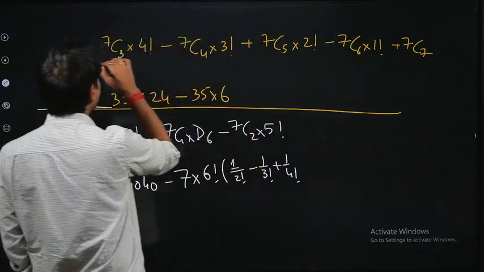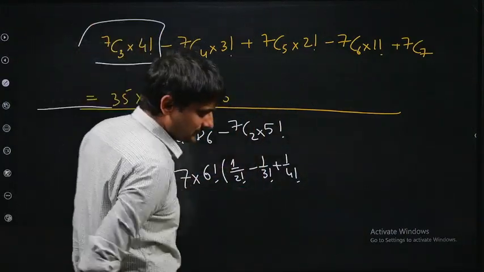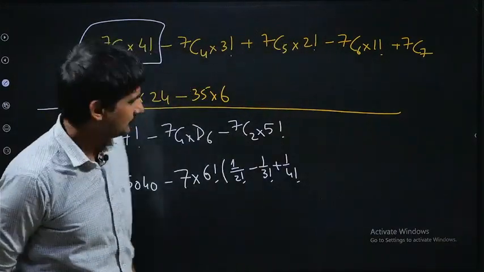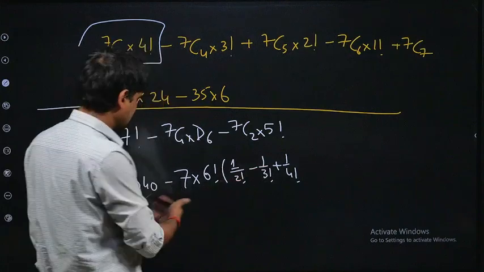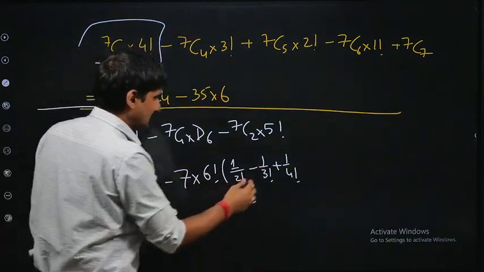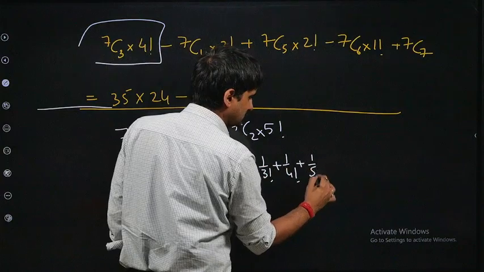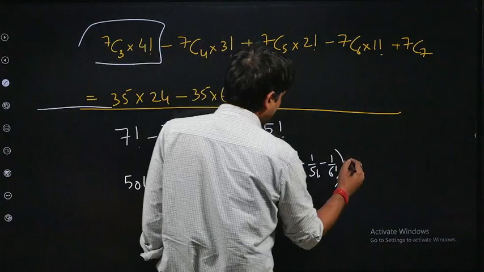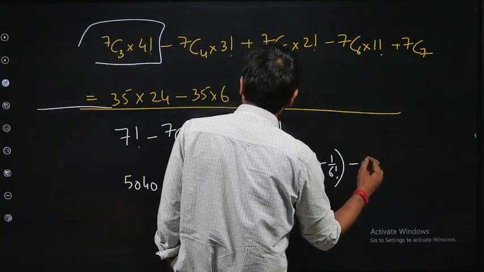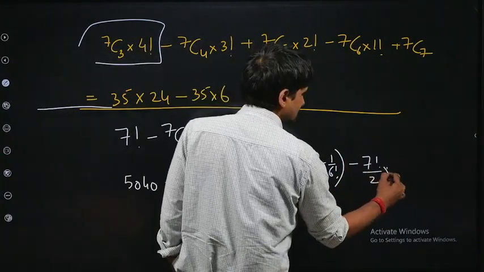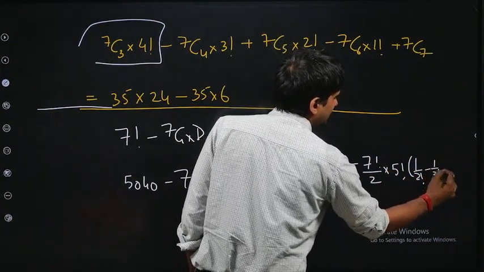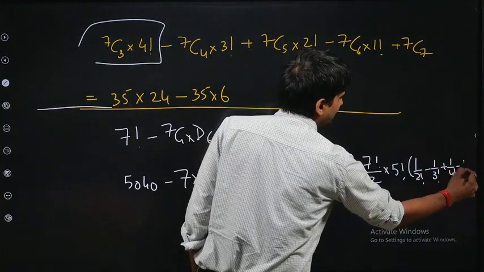I think there are more cases being repeated than we are removing here. How to take care of that we need to see, but there's no repetition here. That will work. I suggest you people, bachcho, just try it and match it, and then tell me whether it's working or not. I'm pretty sure about it. This will work here. Still, do tell me with the help of the comment box.